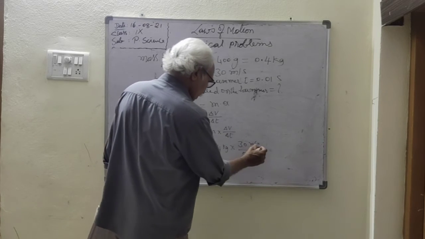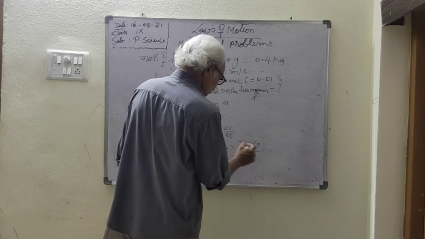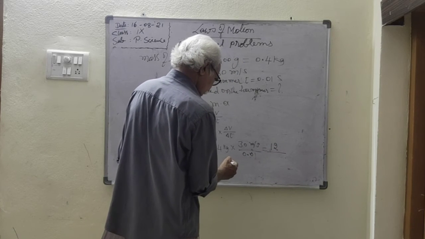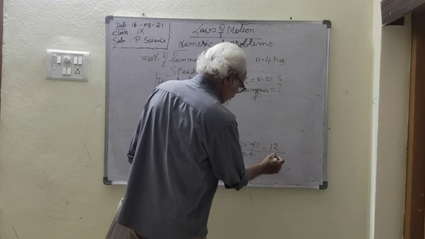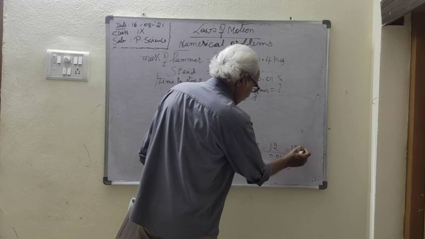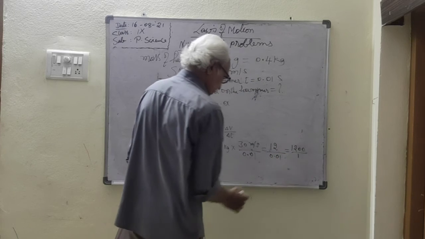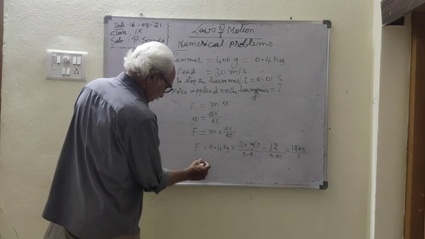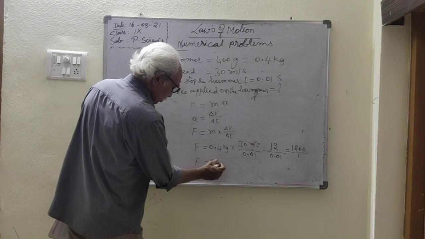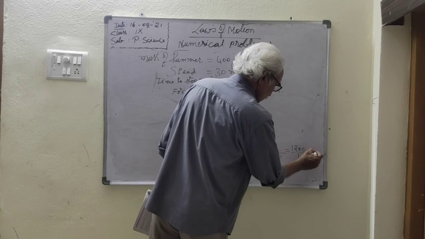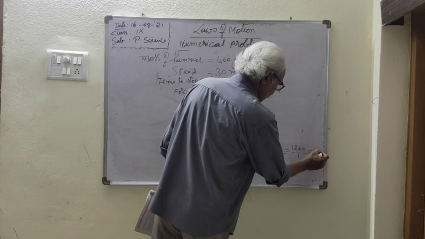So the answer is 12 by 0.01, that is equal to 1200 by 1. Therefore, the net force is equal to 1200 newtons.